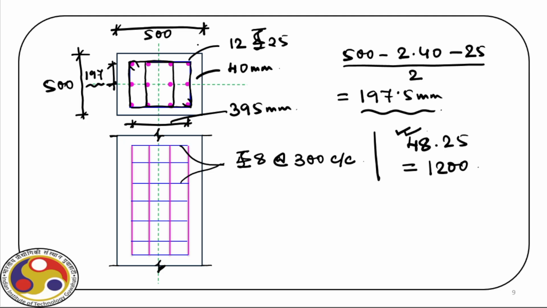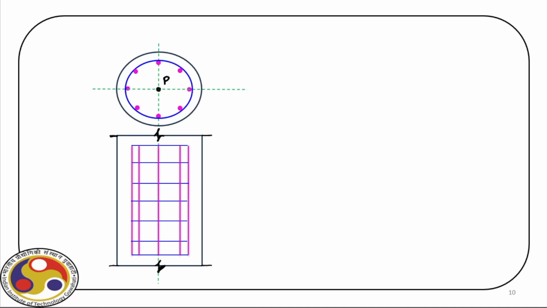So that completes the first example for the design of a square column. Now let us take a different example. In this example, we have a circular column.